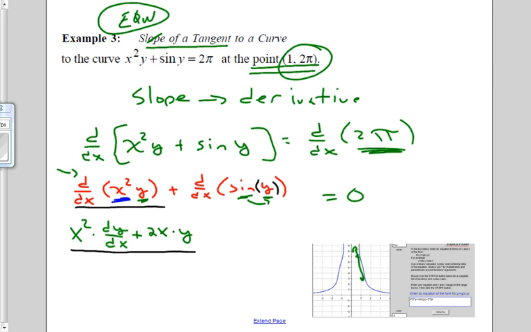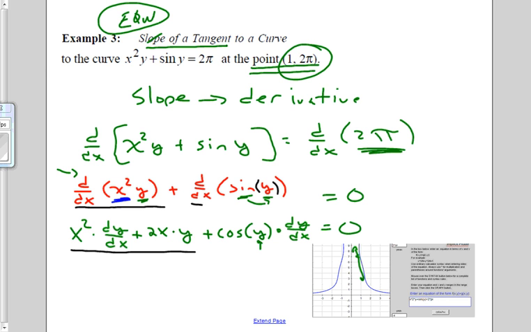Plus, well, we've got sine of y. So the derivative of sine of anything is cos of that thing. And now we need to take the derivative of the inside. So the derivative of that inside is dy/dx. And that all equals 0.